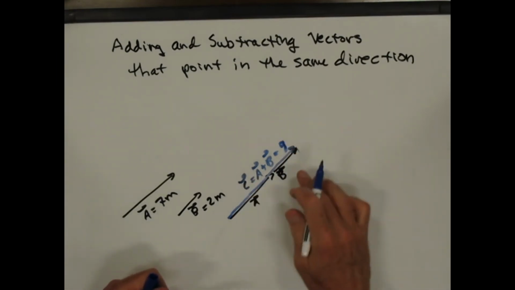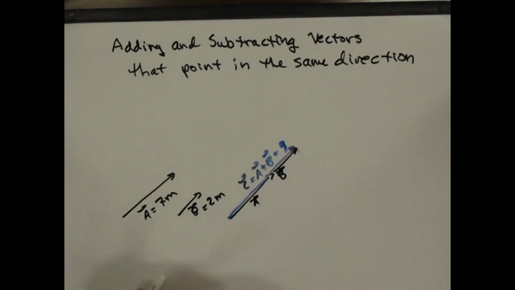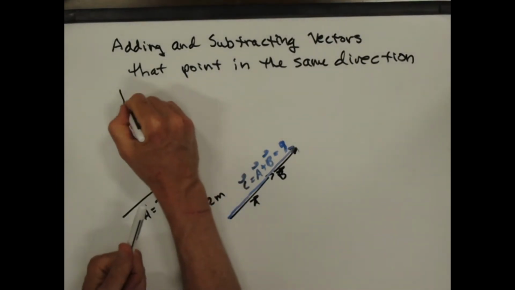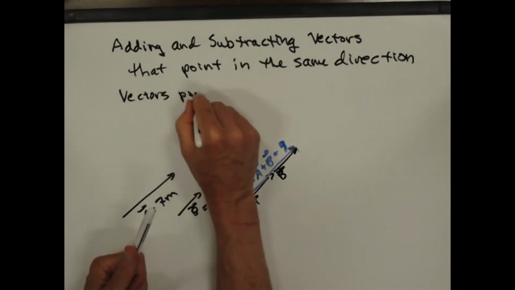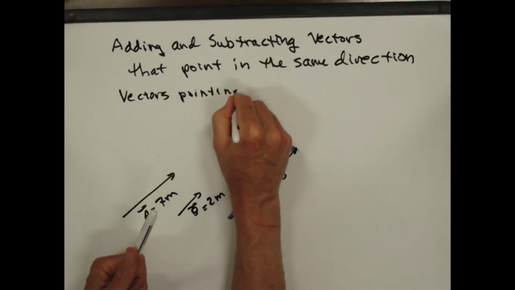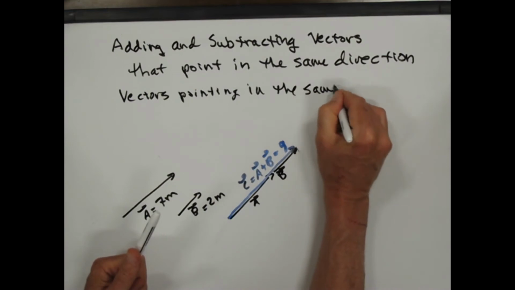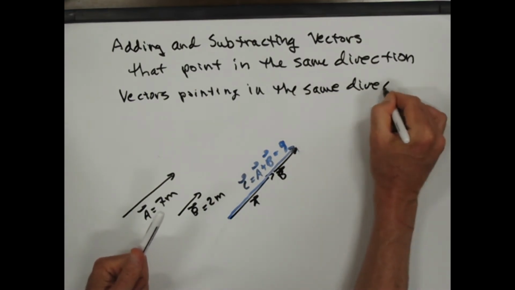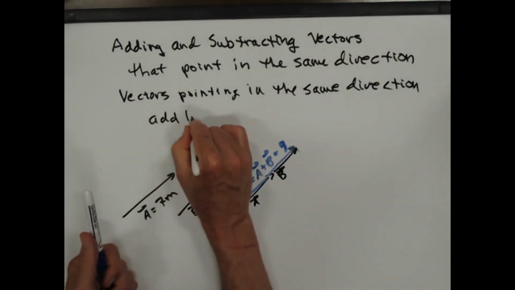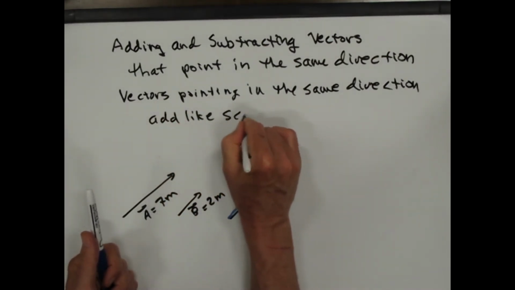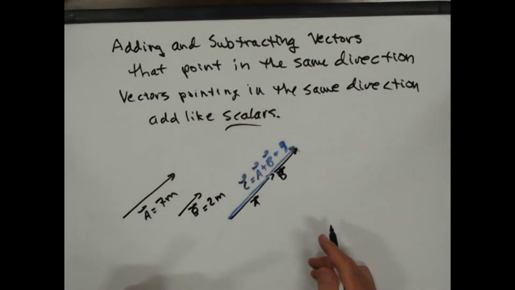Since they go in the same direction, anytime they go in the same direction, they add like scalars. Scalars are just numbers, right?